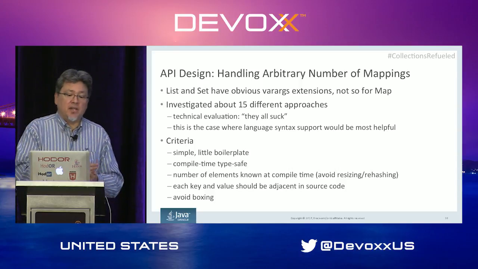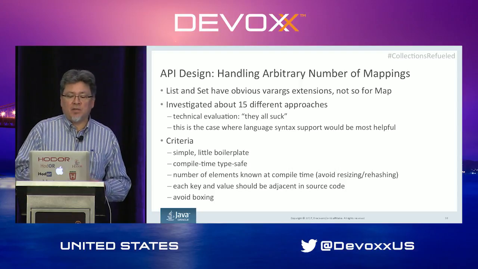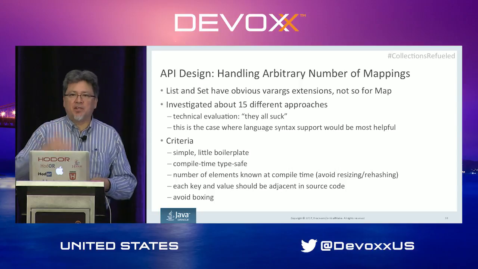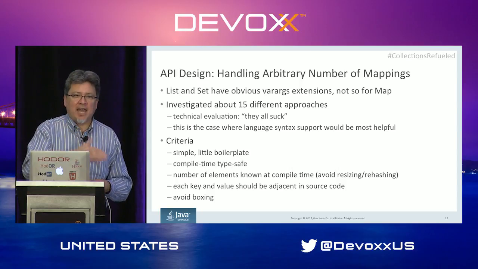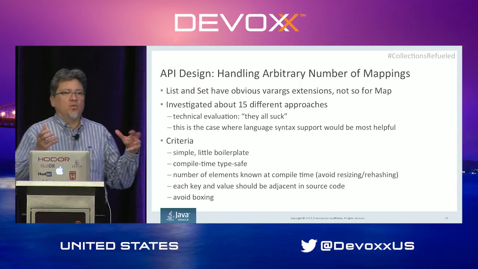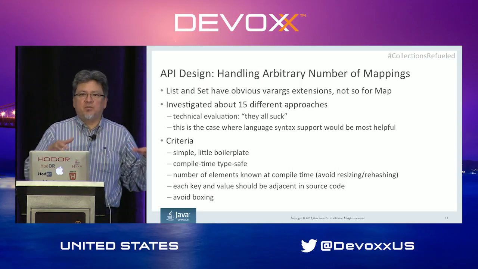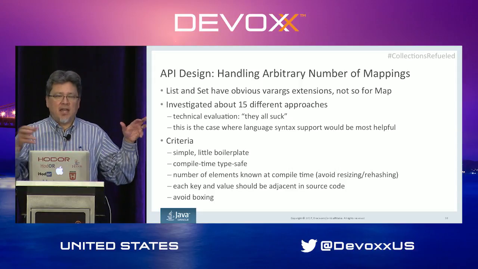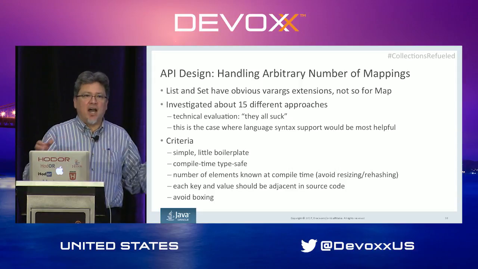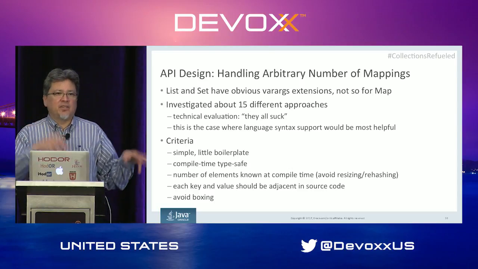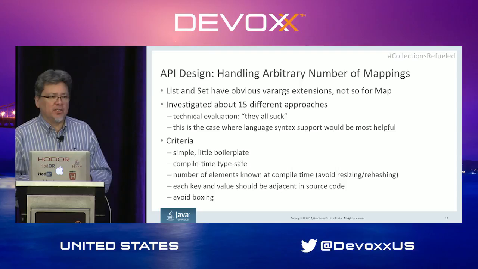Another thing is we wanted the number of elements to be known at compile time. An alternative was to have a builder, where you just call build, add or something like that. The problem there is that in the process of building, you have to accumulate those, and that could involve successive reallocations and copies, because you don't know how many times the guy is going to add entries before building the final map.